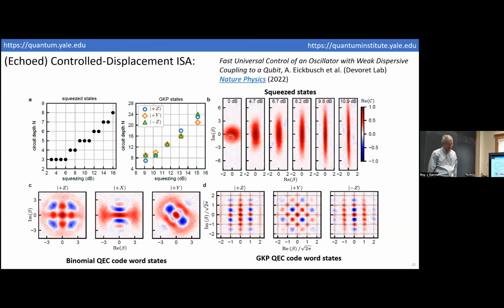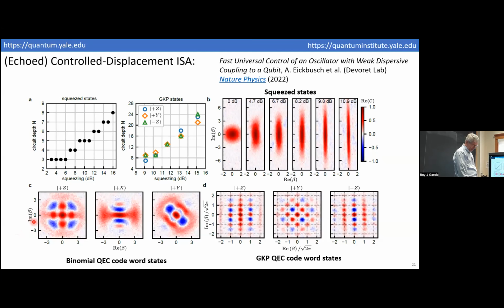But actually, the electric field is uncertain by about a microvolt per centimeter, and it's very measurable with this technique. And if I turn on the squeezing, so here's 10 dB of squeezing, I reduced the variance in the X direction by more than a factor of 10, increased it in the P direction by more than a factor of 10, while preserving the area, getting very high fidelity.